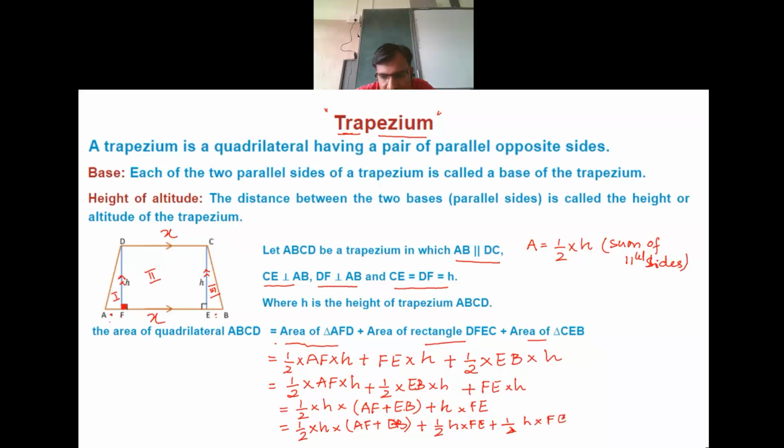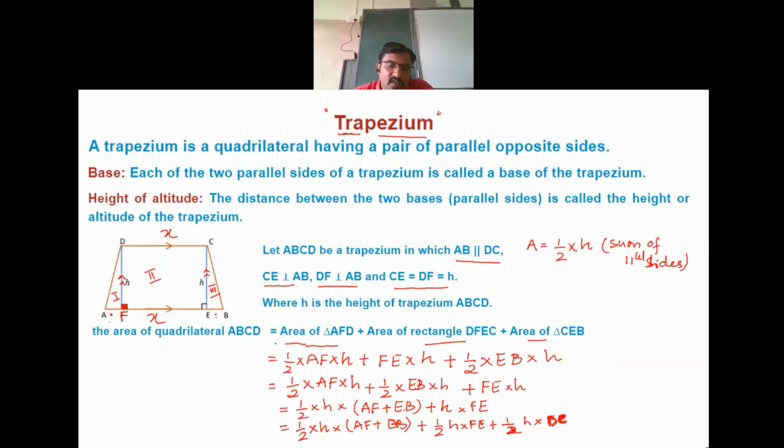Two halves are equal to one full. You just observe this length FE is same as the length DC. So instead of one of the FE here, I can write this as DC. Logically correct?